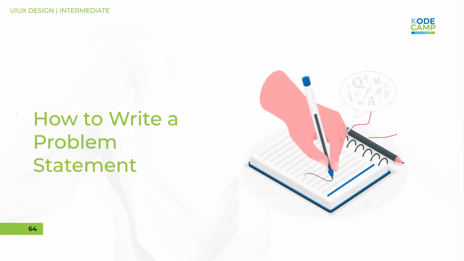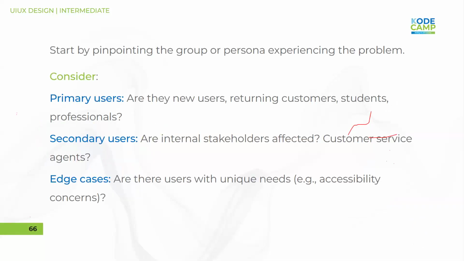So how do we write a problem statement? The first step is to identify who is affected. Start by pinpointing the group or personnel experiencing the problem. You must know who you are designing for.